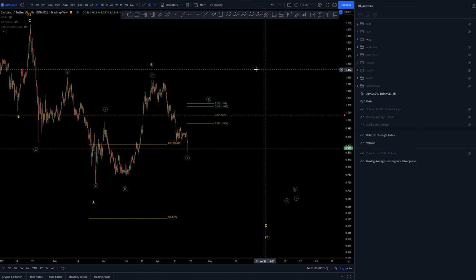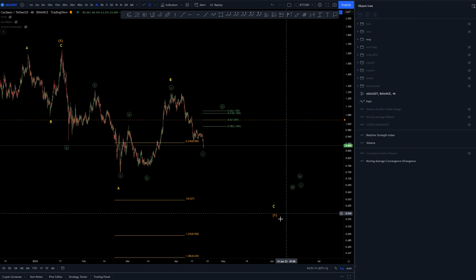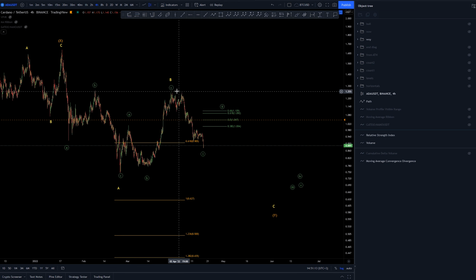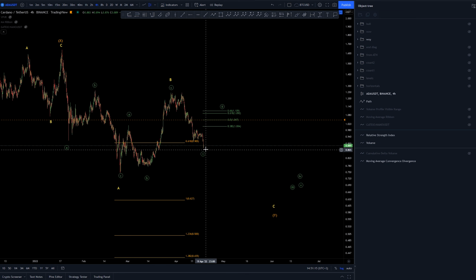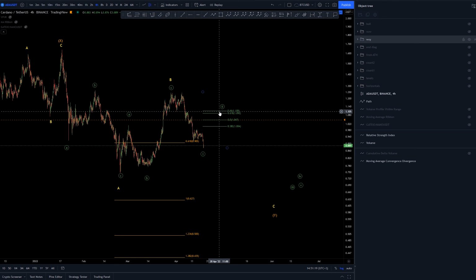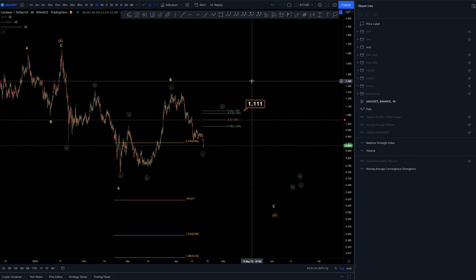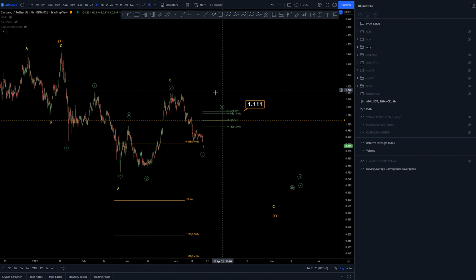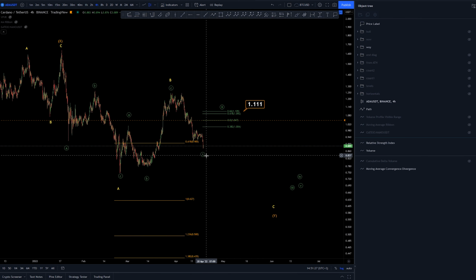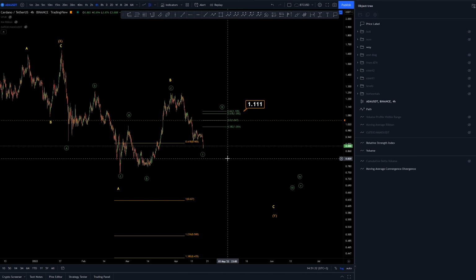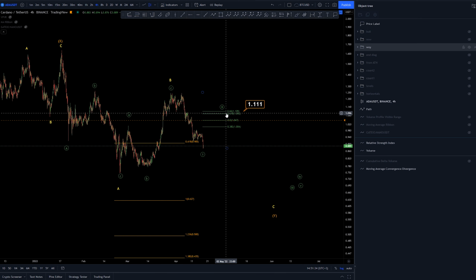On this count, however, we are looking for a C wave next, and the next leg down here could be finished, and would be expecting some kind of pullback to around the $1.10 area for wave 2, and we could still hit one more down before we go up though, and we would need to adjust the target at that point.